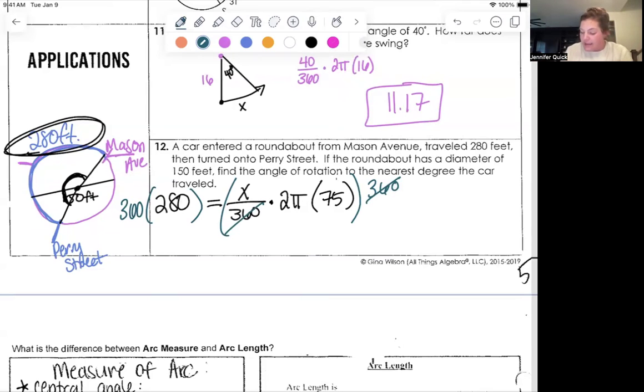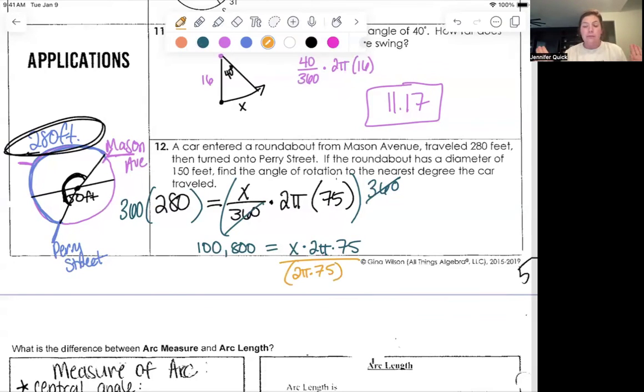Now, this is an astronomically large value. 100,800 equals x times 2 pi times 75. Now, if you will please pay attention, you absolutely could divide everything by 2 pi times 75.